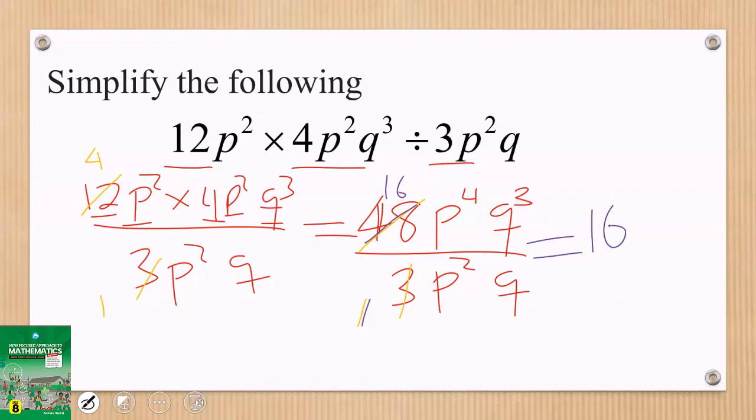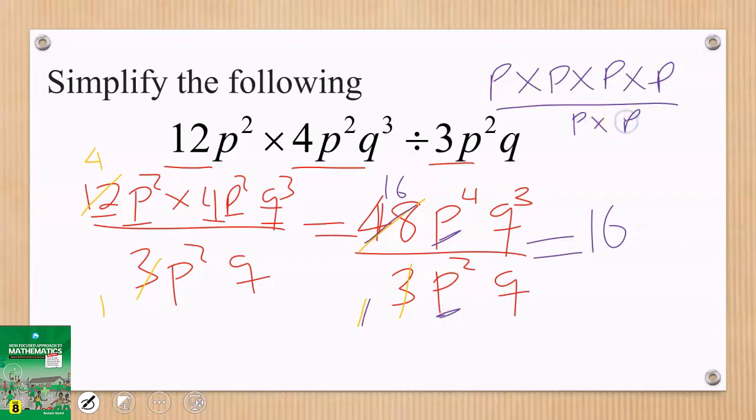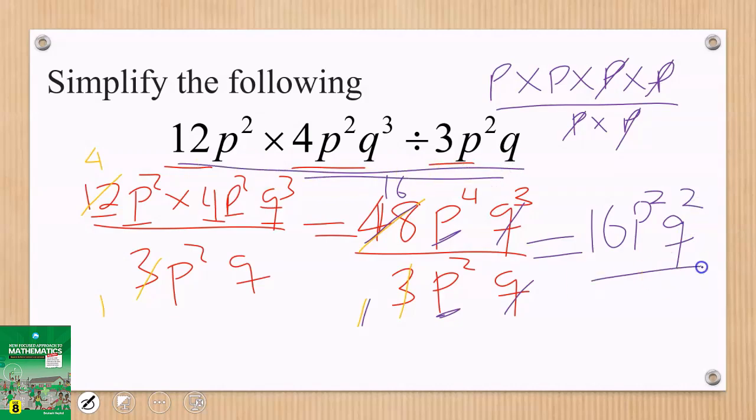Here we have p to the power 4, which means p four times, divided by p to the power 2, which is p times p. You can see that this can cancel, so we are left with p squared up there. Then we have q cubed up and q down here, so we are left with q to the power 2. So in the more simplified way, this whole thing gives us 16p squared q squared.